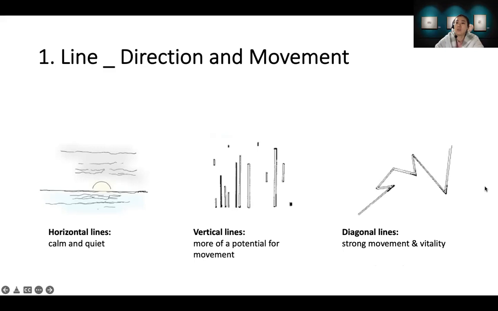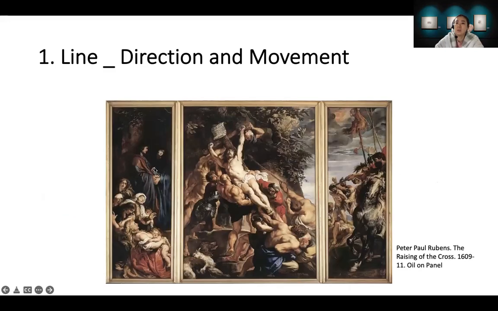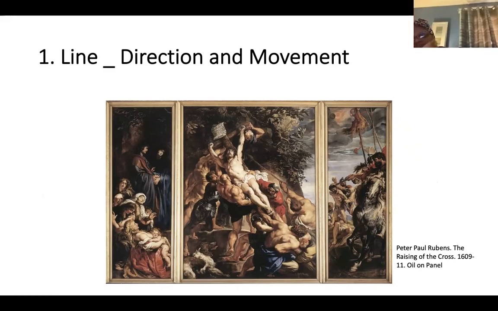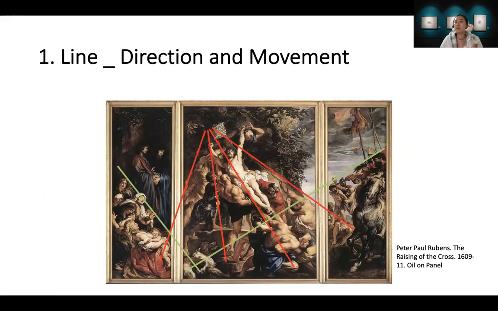So we saw an example for this. Which direction of line can you find in this work of art? Diagonal. Diagonal. Perfect. You're so ready to take the midterm. Yep, it's diagonal.